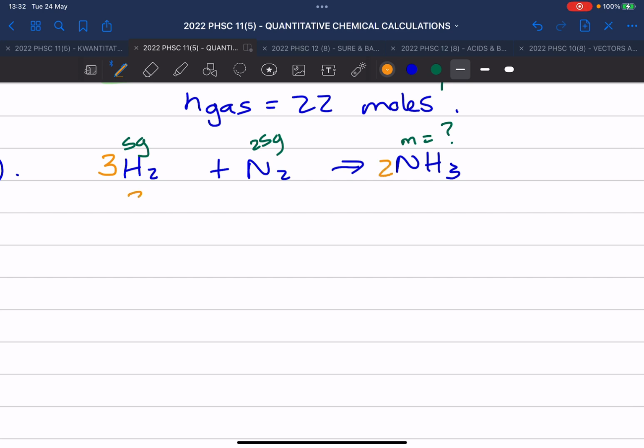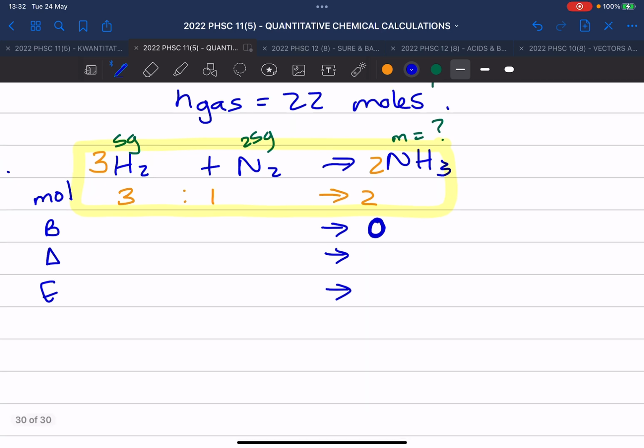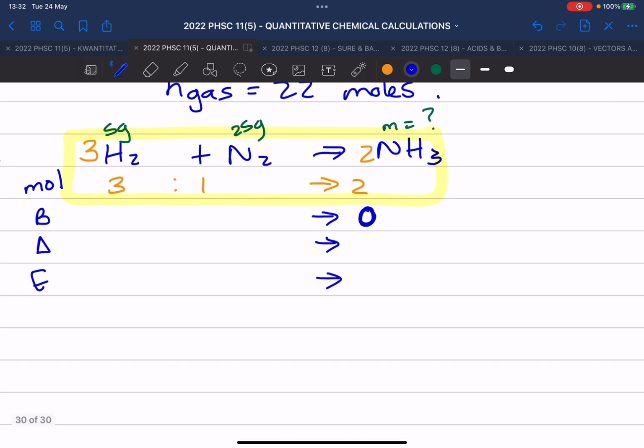So the mole ratio is 3 to 1 gives you 2. Alright, so that is your mole ratio. Then we have beginning, change, end. And you know you can always start with 0 of your products. Mama, are you allowed? No, Mama.